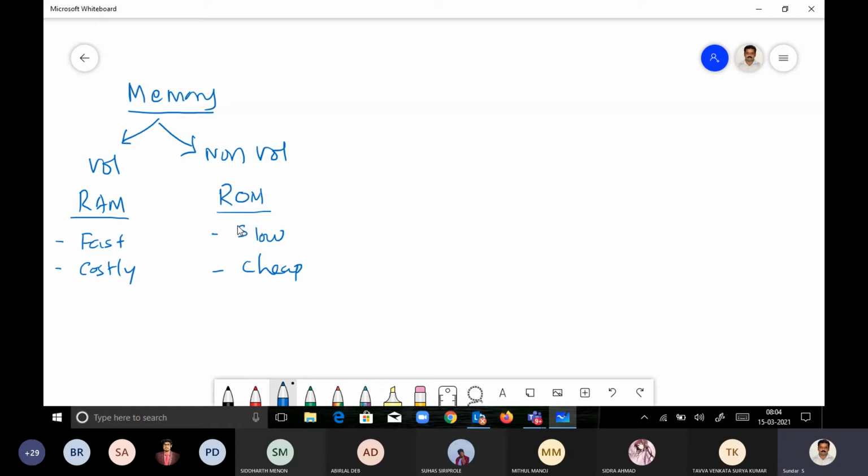So what we are doing is we want to utilize the advantage of volatile memory because it is fast, and we want to utilize the advantage of ROM. It is permanent as well as cheap, and we can arrive at the memory requirement for a computer with both of these.